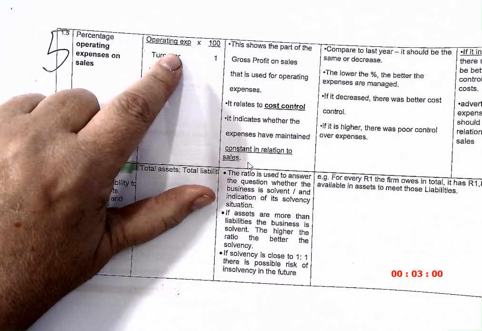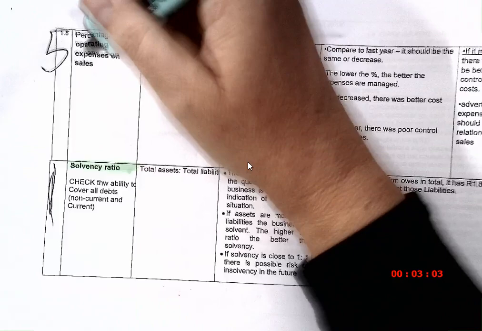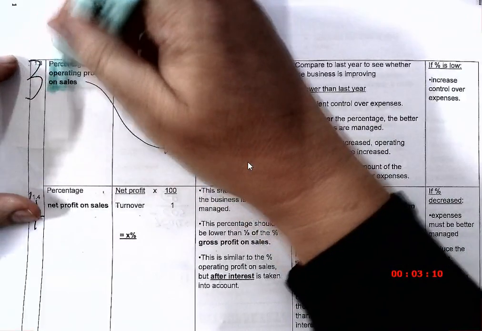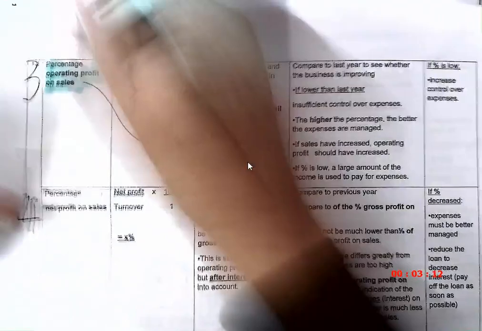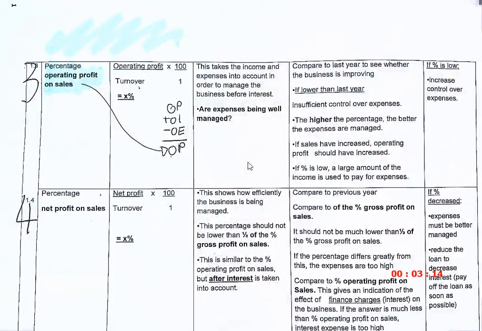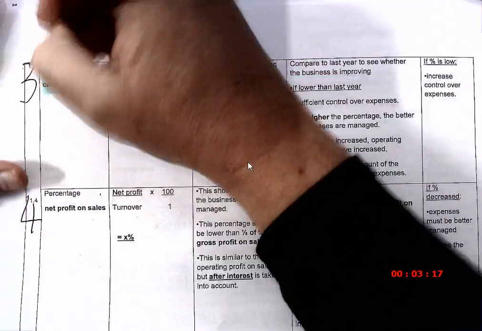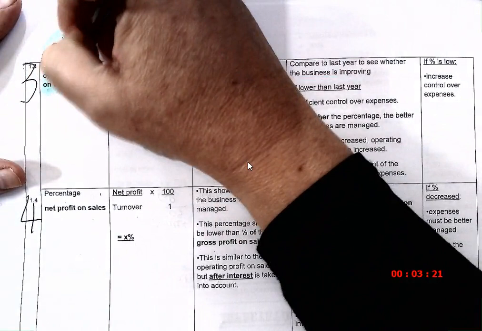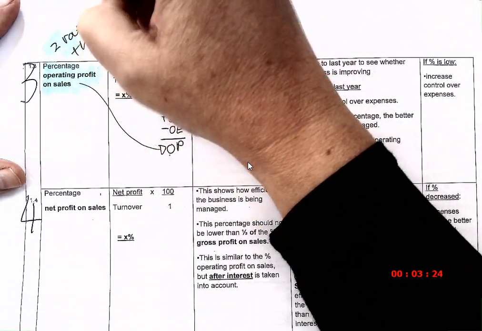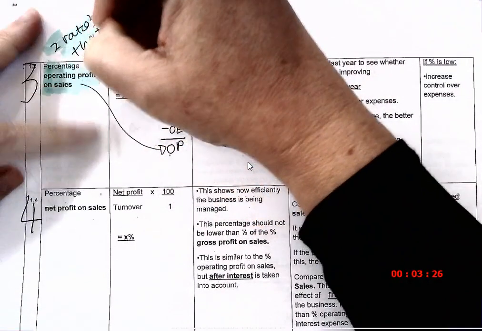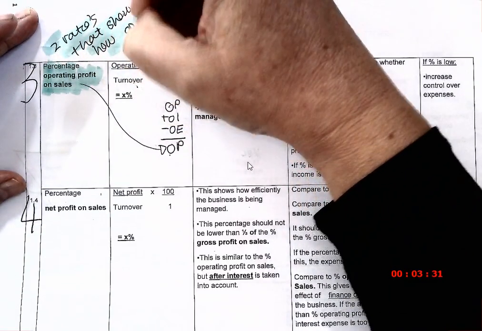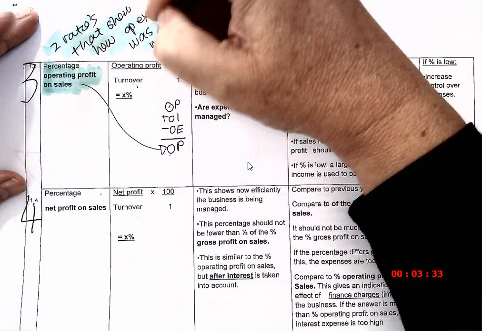In other words, I want you to highlight these two. So these two, number 5 and number 3, is the two things. So I'm going to say here at the top, the two ratios that shows how operating expenses was managed.